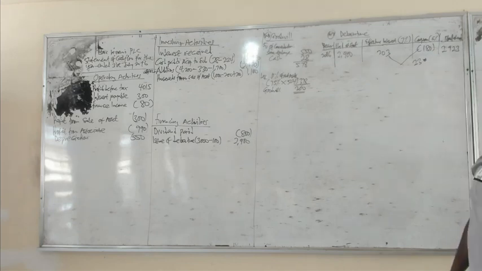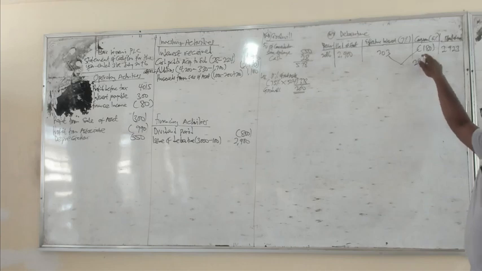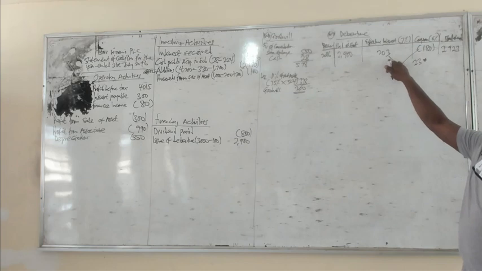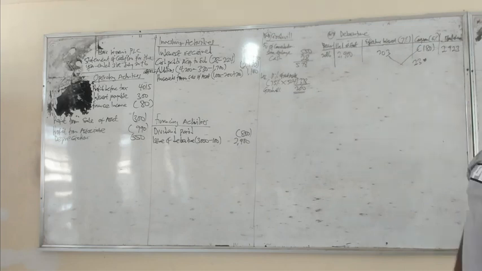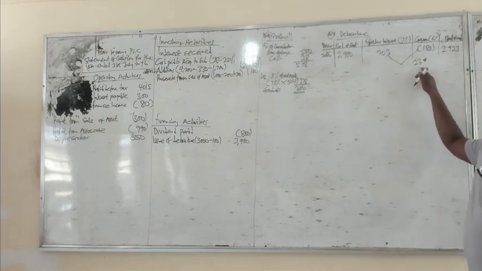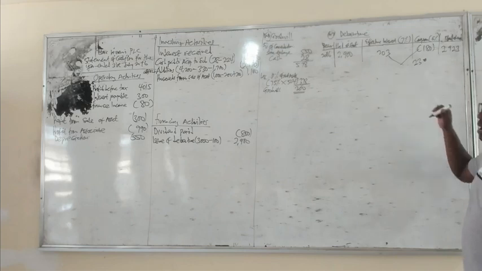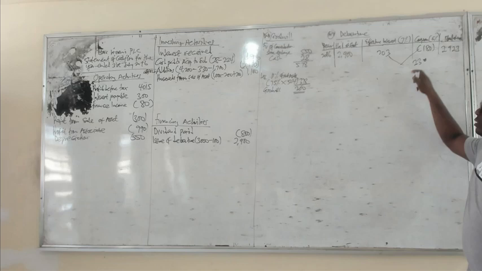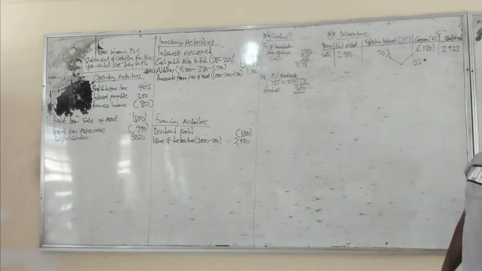Because the cash payment is 180, but because of the accounting standard, what goes to the income statement as a finance cost will be 203. So it means that the interest has been overstated by 23, which is a non-cash item. So when we are working out the interest paid in the form of cash, we're going to subtract 23 from the finance cost for the year. Please, are we getting it?